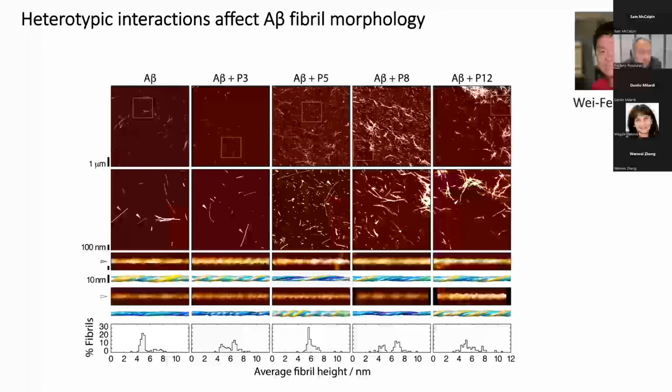As you can see, just co-incubating with those short peptides really changed the mesoscale structure of the amyloids. I wouldn't go as far as saying that it changes the polymorphism of A beta. Of course, we don't know that at this resolution, and many other things can happen here. But certainly, it does change the structure of these amyloids.